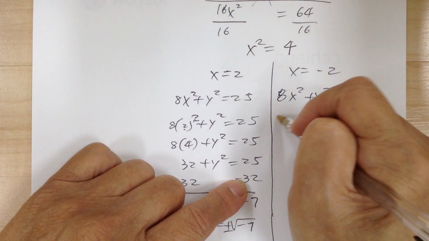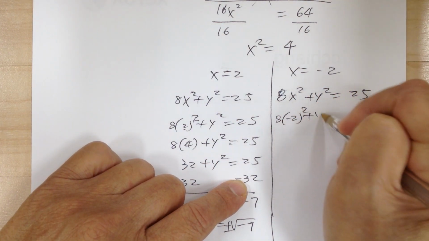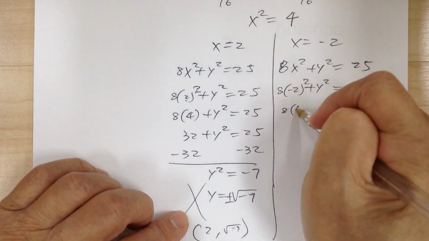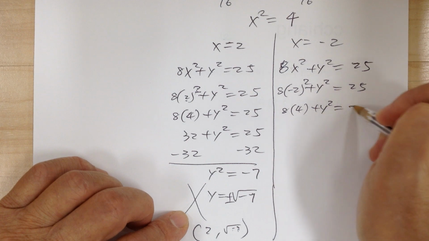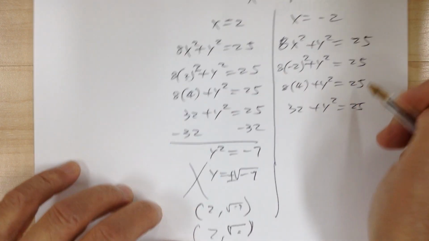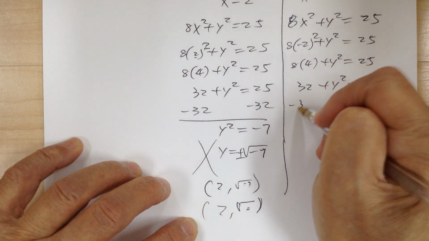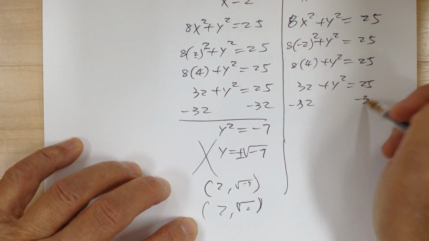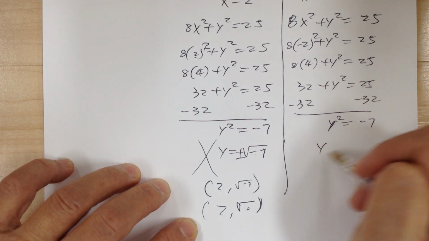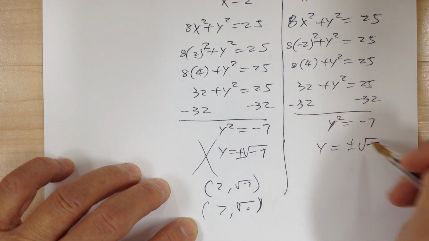Okay, you substitute. And if you notice, you're going to end up with the same result. So both sides are the same, both end up the same. Again, if you take the square root, this is no good.